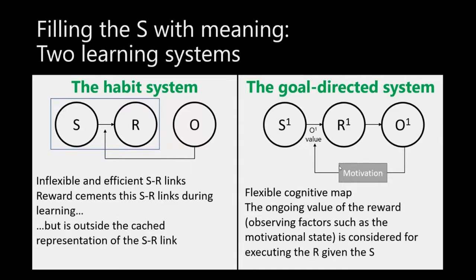This representation of the environment, of reality, is more complex, and you need more effort to make decisions using this goal-directed system. But at the same time, it's very flexible, and you can adapt your responses based on your ongoing motivation or the ongoing values of the outcomes.